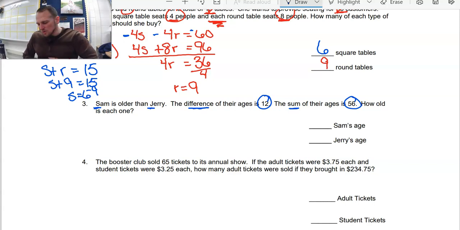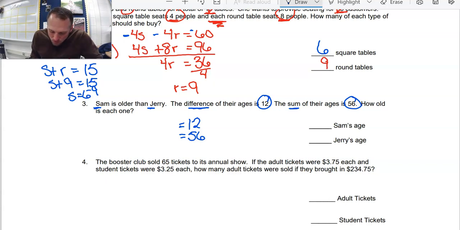What are the totals? This one may be a little bit harder to see, but the totals here are actually the only 2 numbers that we see in there, 12 and 56. So I'm going to put those after equal signs. The difference of their ages. Difference means minus, is 12.